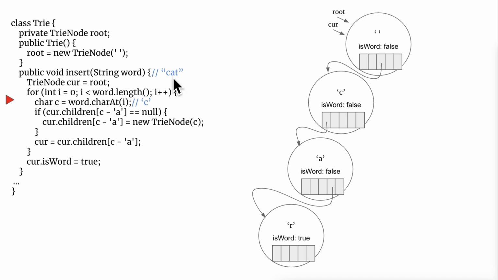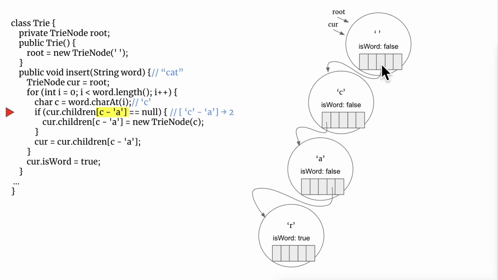This word is cat. Similarly, we need to traverse each character of this given word cat. The first character we enter is character C. However, since we inserted car into this trie tree earlier, the value in the array's index 2 is no longer null.